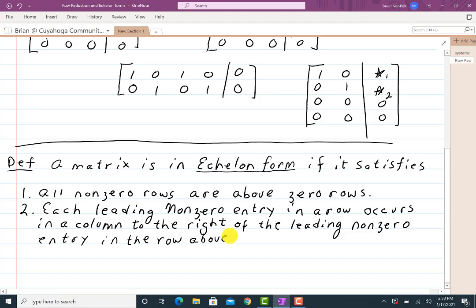What this does is give us our staircase. So let me see if I can make this clearer. There's a lot of words here, and it makes it complicated.